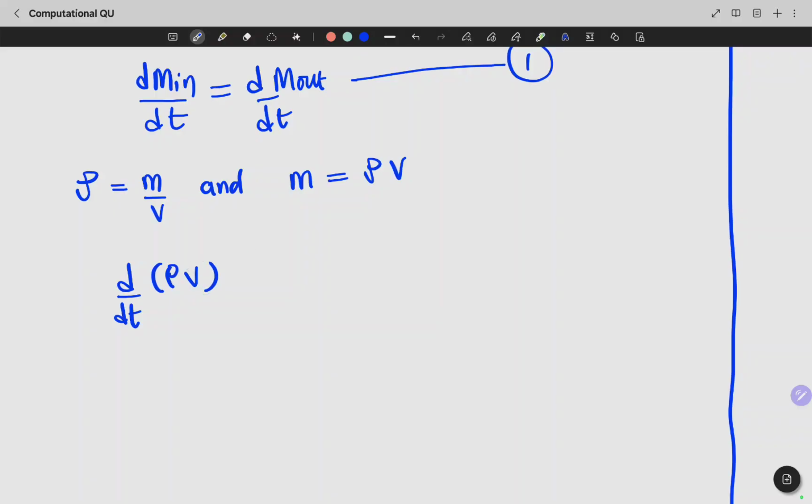In this case, V is the volume, or perhaps we can say that dm is rho dV.